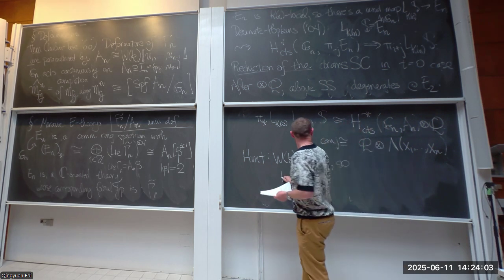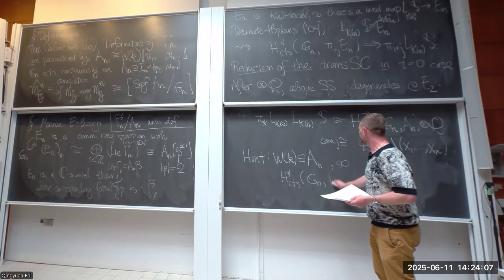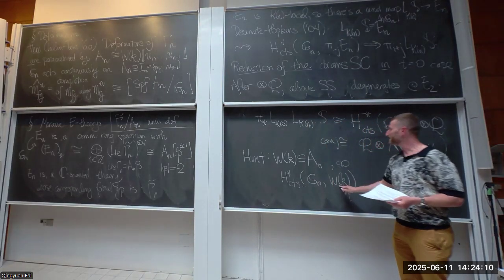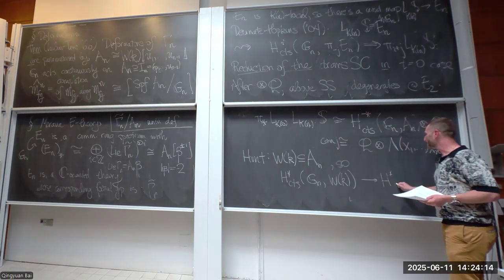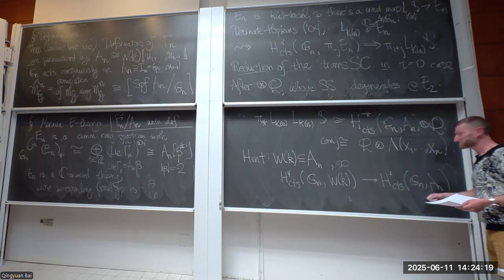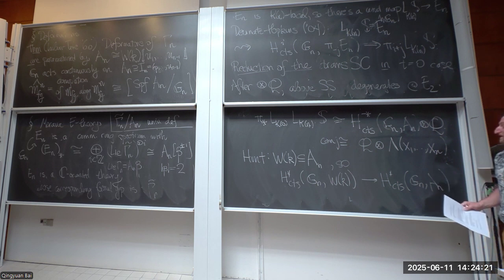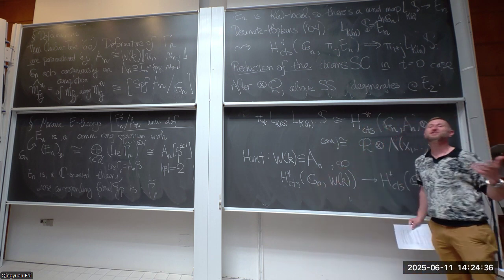So there's at least a map from the continuous cohomology of Gn with coefficients in the ring of Witt vectors to the one with A_n. The action of Gn on A_n is really difficult to get a handle on. Formulas are hard to come by when n is greater than 1. But here, the action of Gn on W(K) is essentially trivial.